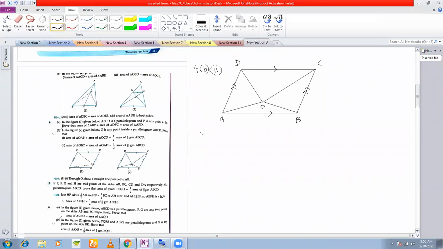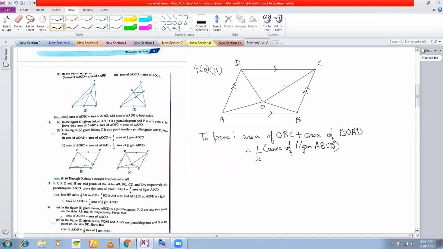And in this, what you have to show here is area of triangle OBC plus area of triangle OAD is equal to half area of parallelogram ABCD. So let us identify which triangles we are given here.